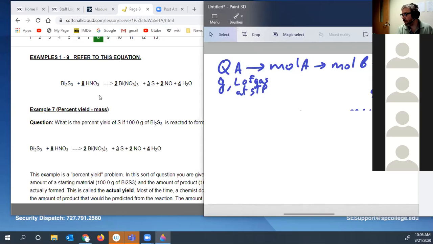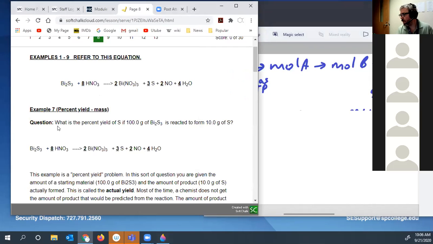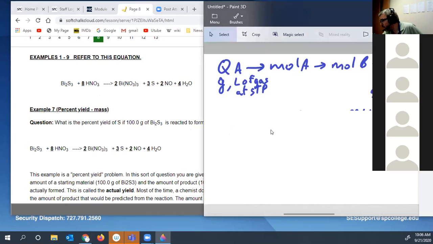And if you look at this problem here, it says, what is the percent yield of sulfur if 100.0 grams of Bi2S3 is reacted to form 10.0 grams of sulfur? Now, I know a lot of people don't really like word problems, and that looks like a lot of words. And what do you need to do with all that? Well, just break it down, because you're always asked for the percent yield of a product.